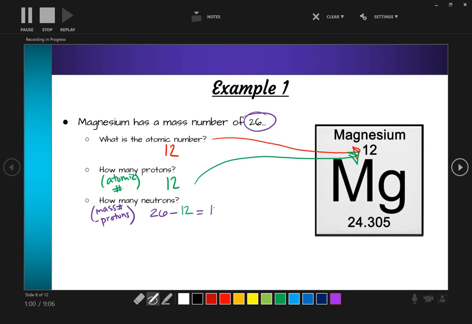So you have 14 neutrons. And how many electrons do you have? Remember that if your atom is neutral, which, unless you're told otherwise, they're always neutral, your electrons will equal the number of protons. So how many protons do we have? 12. So how many electrons do we have? 12.